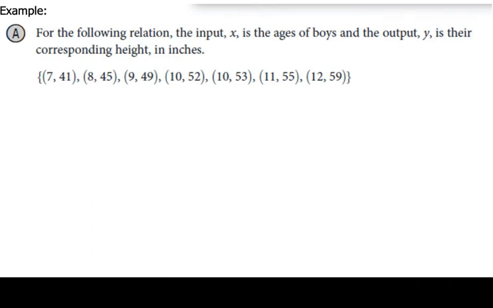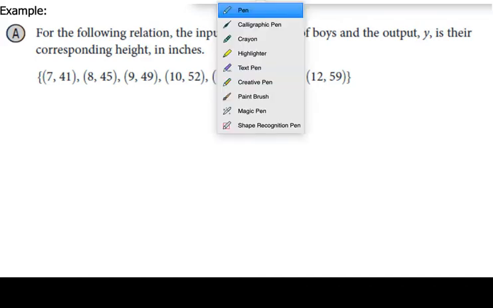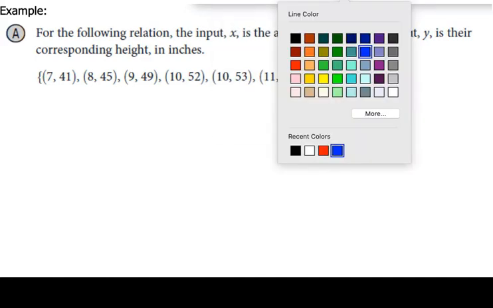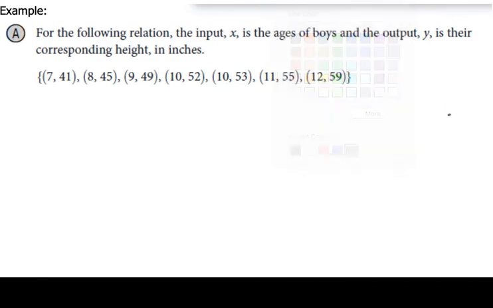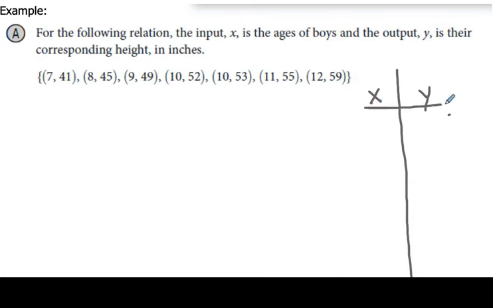For the following relation, the input x is the age of boys and the output y is their corresponding height in inches. Now this is where I like to use a table. So I'll use a table of values to list my x and my y values.